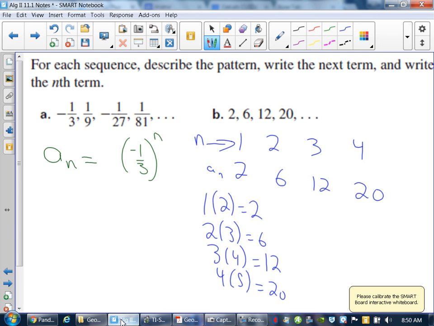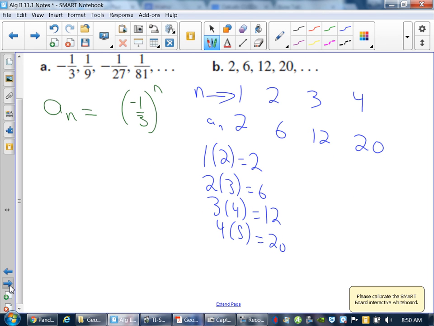That's what you're saying, correct? Now, how can you write that in terms of n's? Perfect. Everybody hear that? n times n plus 1.